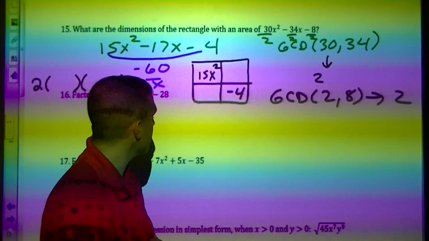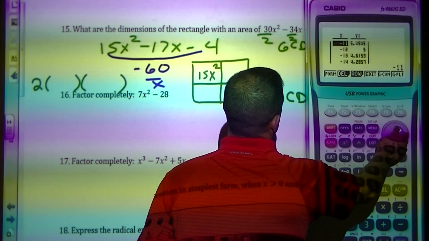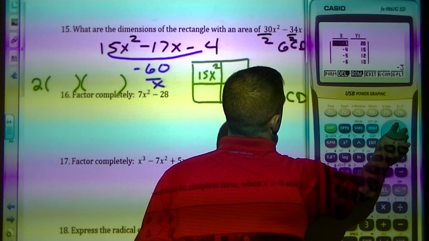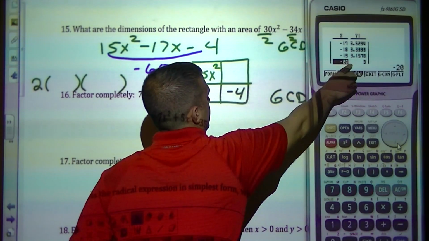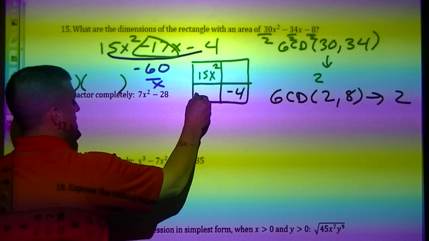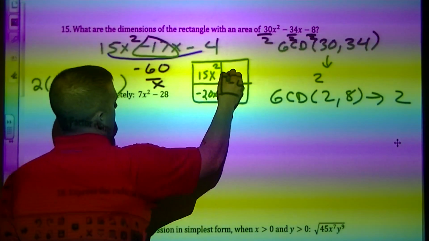Conveniently I'm looking for the set that adds up to negative 17. Negative 20 and 3 would give me negative 17, because I'm always looking for the set that adds up to that. So negative 20x, positive 3x.